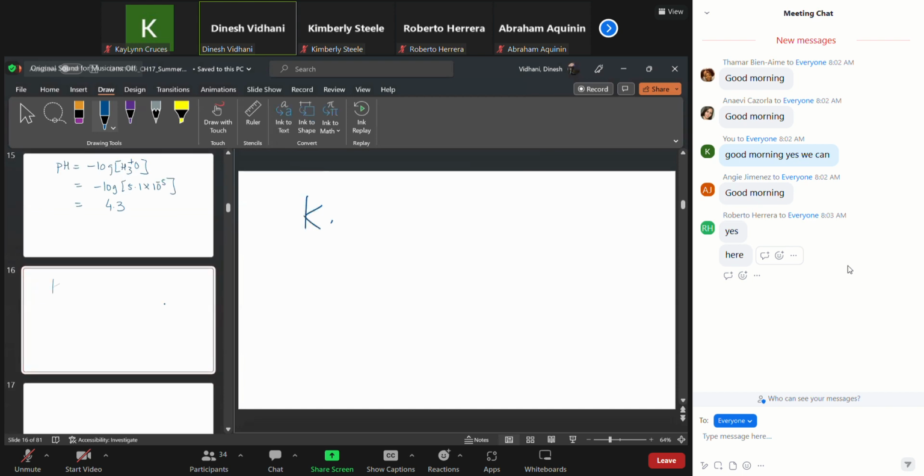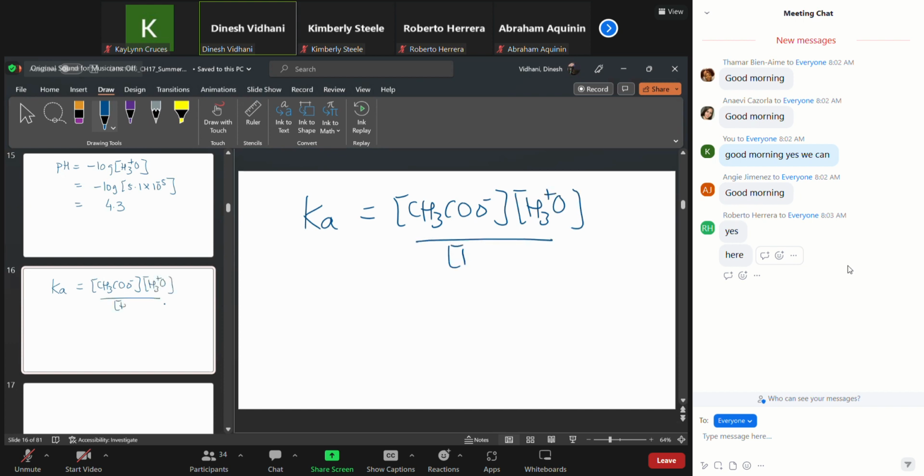My Ka will be the acetate ion concentration times the hydronium ion concentration, divided by the undissociated acid. Again, I follow the same principle. Your Ka was 1.7 10 to the power negative 5. The acetate ion concentration in this case is x, because we have not added any from an external source. Again, the hydronium ion is x. On the bottom, it's going to be 0.75 minus x.